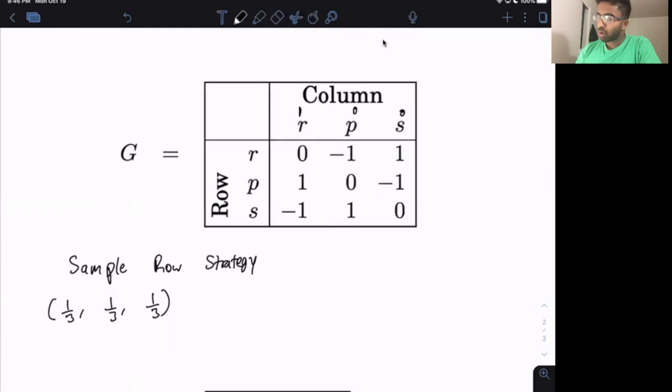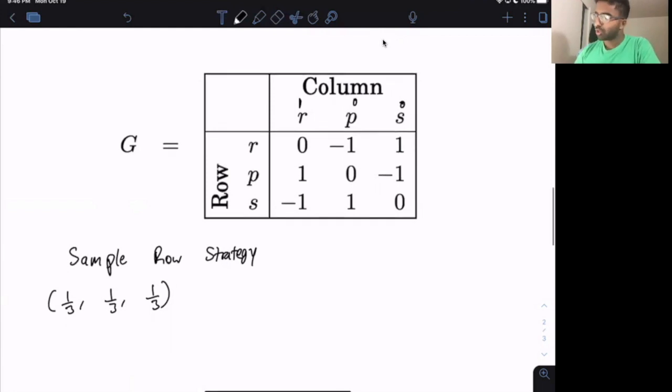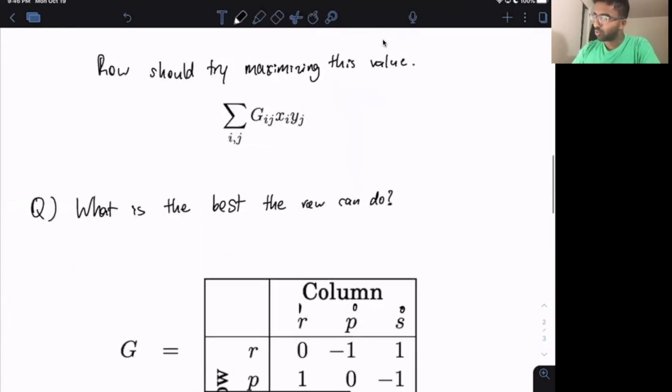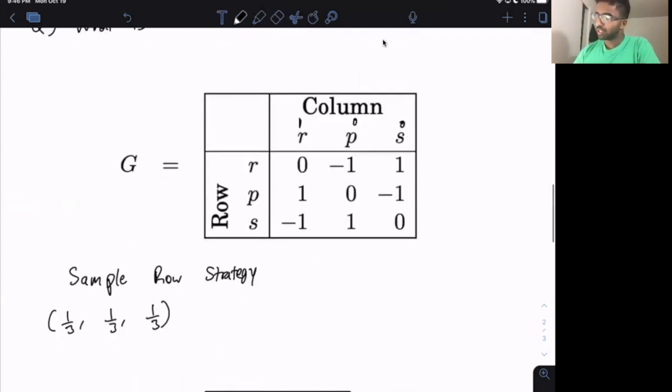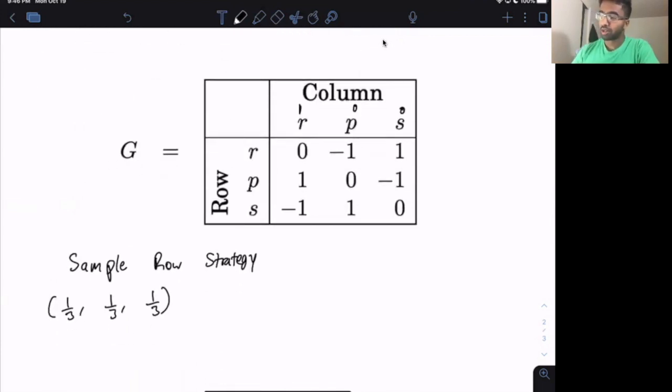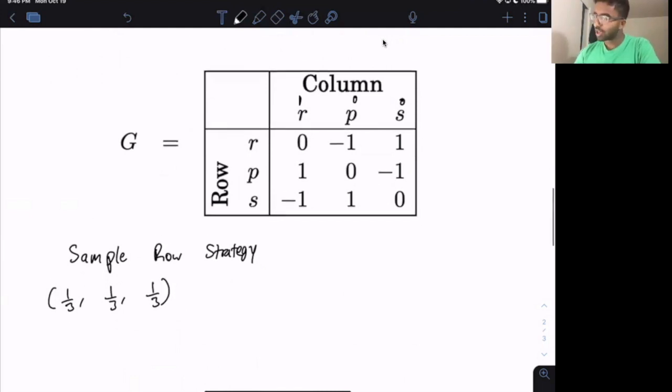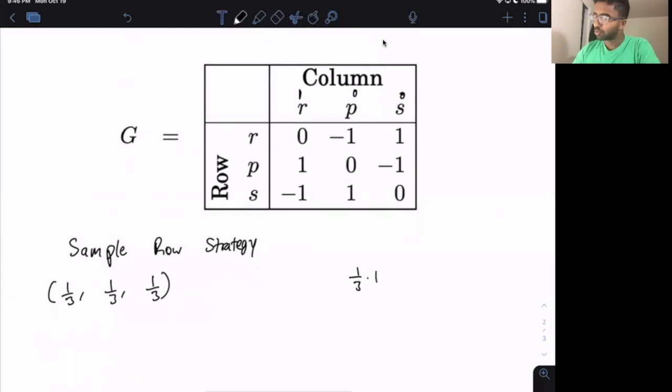If we want to find the expected payoff from this, we literally just plug and chug into this expression. The probability that row plays rock and column plays rock is 1/3 times 1, and the payoff from that is just 0.